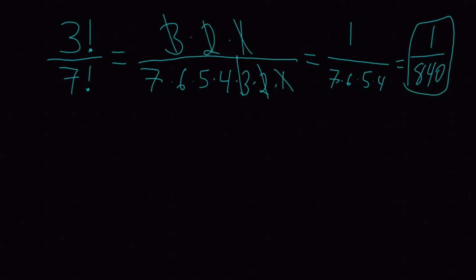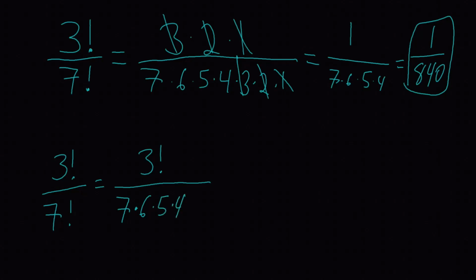Now, I don't want to have to write out that 7 factorial all the time, so the other way that I mentioned before, we'll crunch this down, because I'm not going to touch my smaller factorial, and I'm going to rewrite the bigger factorial as all of the numbers multiplied until I get to my smaller factorial number. So until I get to 3 here, then I write 3 factorial.